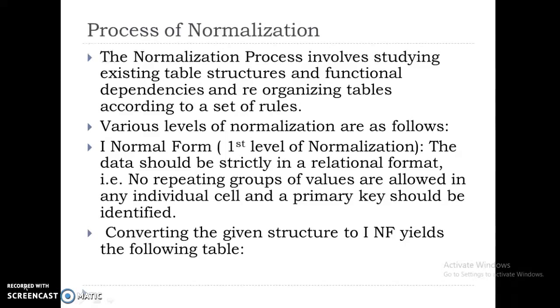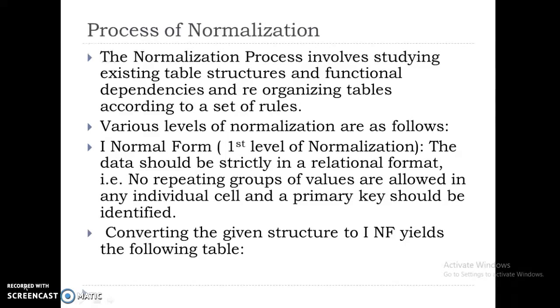And the second rule of the relational format is that once all our data has been converted into relational format, there should be a clearly identifiable primary key. A primary key is any column that satisfies the properties of being both unique and not null at the same time, and therefore helps us in uniquely distinguishing one row from another.